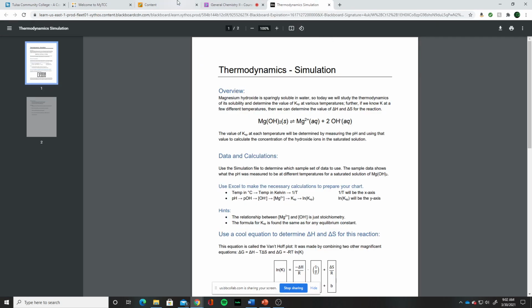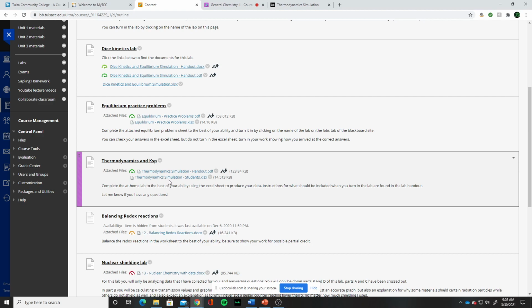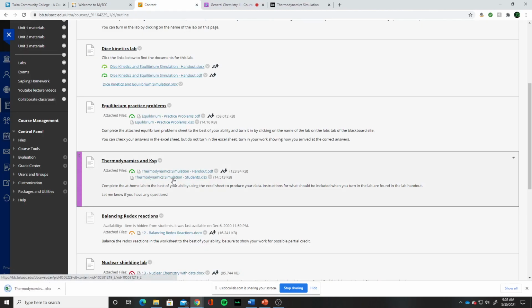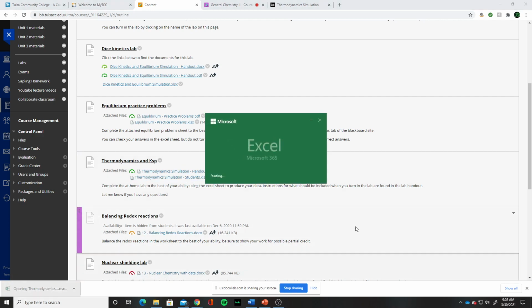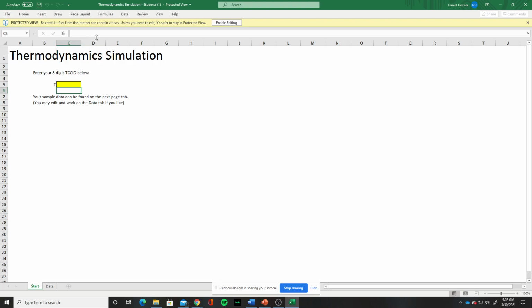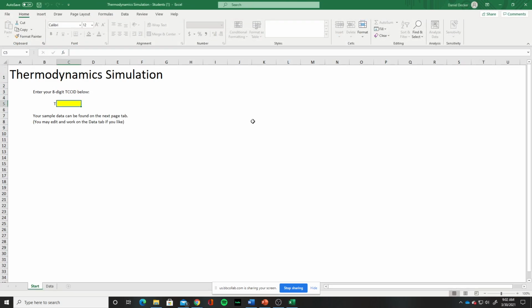So this is the handout. And then the simulation, if we click on that, is really not much of a simulation. So we open this up. We just have a spot to put our T number. I'm just going to make something up. There we go. Hit enter.